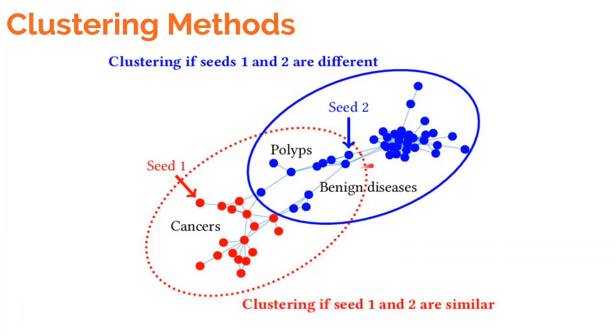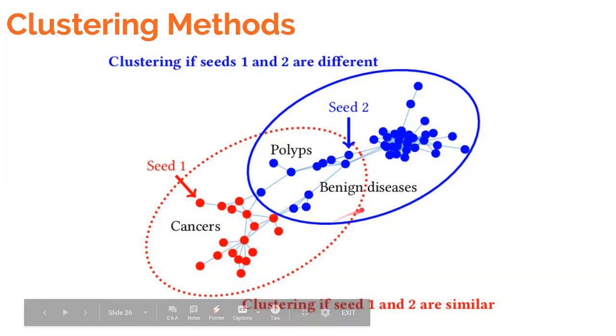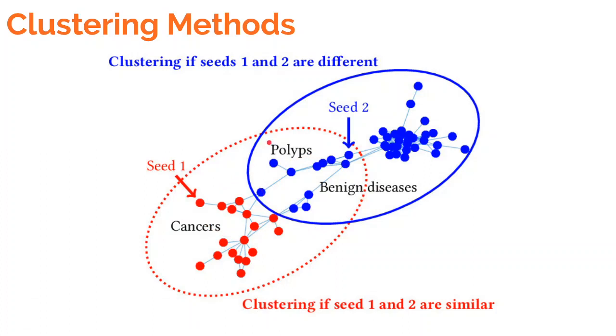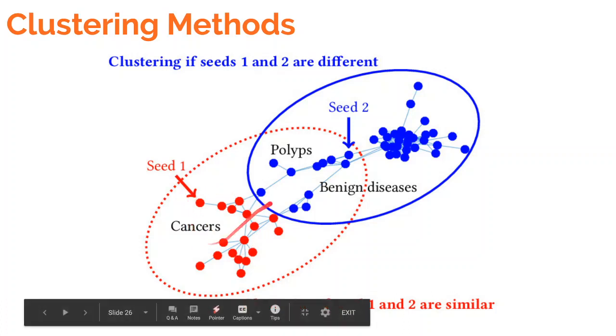So if seed 1 and seed 2 are different, meaning the particular data present in this section is not application oriented with this section, then these are considered different clusters. Nevertheless, if these 2 seeds look similar, then this is considered a single cluster. So this single application oriented cluster has been incorporated, and on the basis of it the patterns are observed and a cluster is formed.